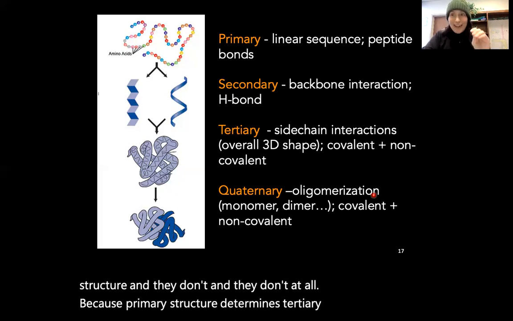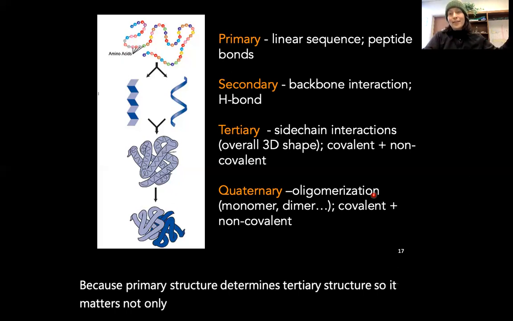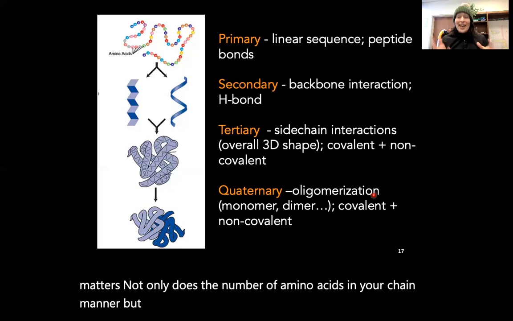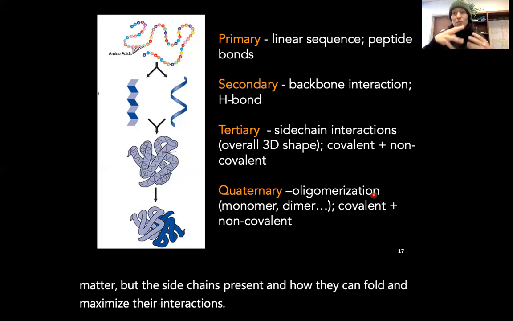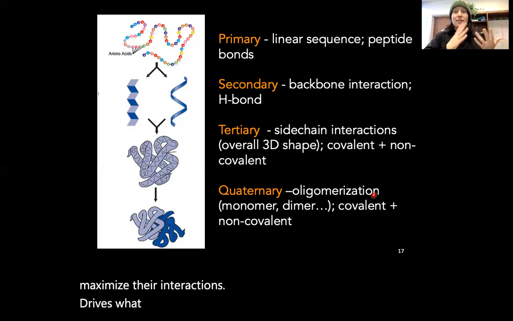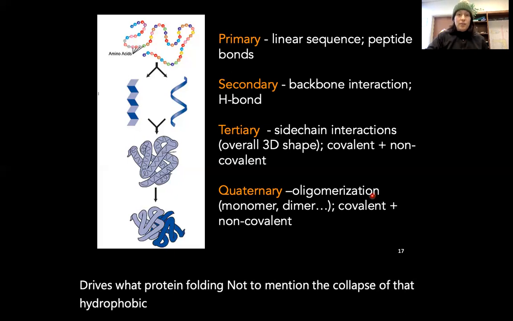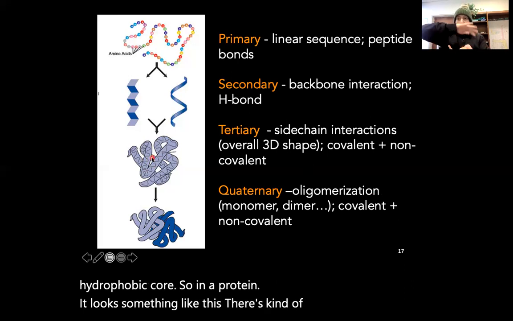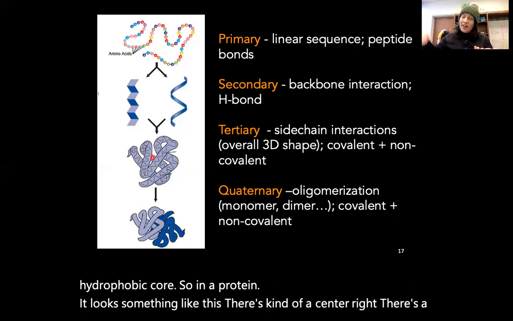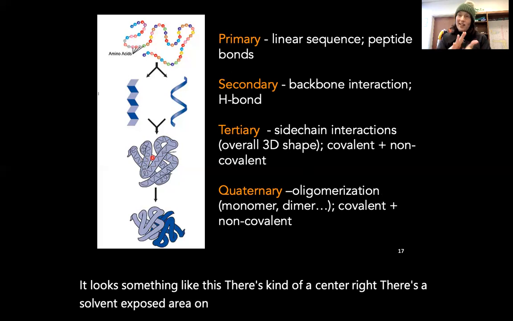So it matters. Not only does the number of amino acids in your chain matter, but the side chains present and how they can fold and maximize their interactions drives protein folding, not to mention the collapse of that hydrophobic core. So in a protein that looks something like this, there's a center, right? There's a solvent exposed area on the outside, and then there's a shell on the inside.